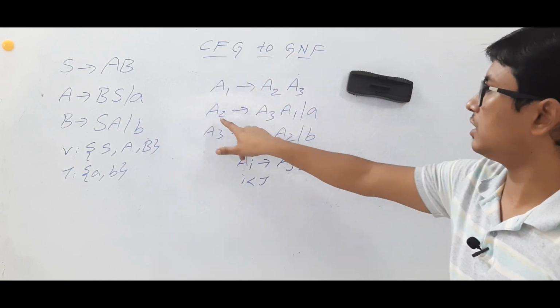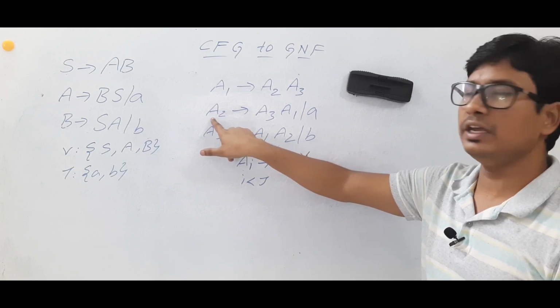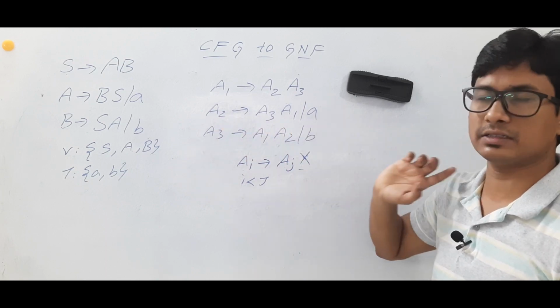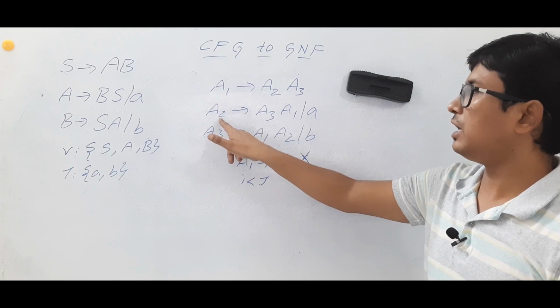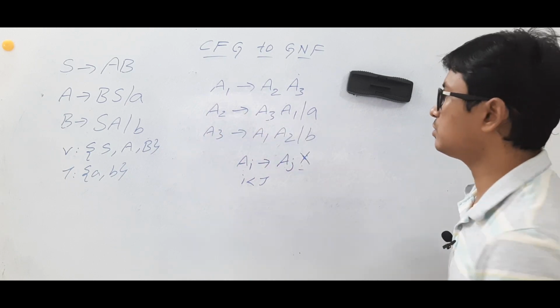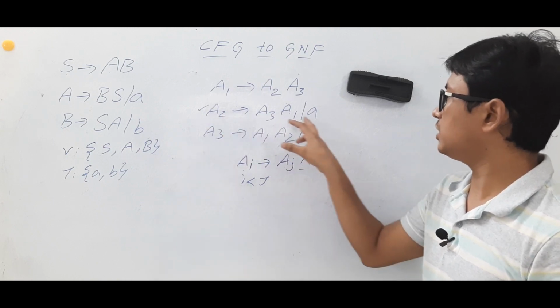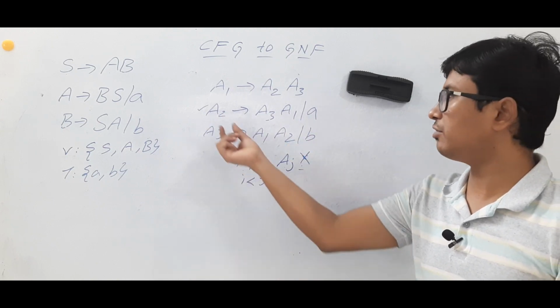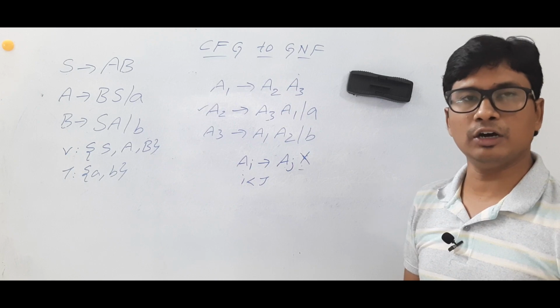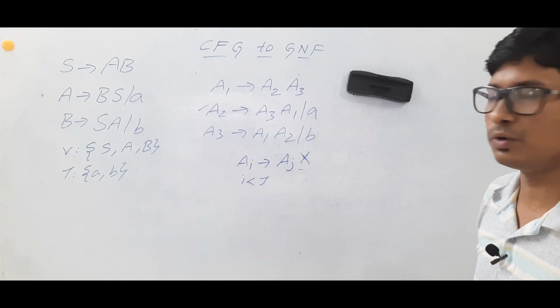Now this is also in the form of AI determines AJX, and the I value is less than the J value, so it is also a proper condition. Now if you take this one, A2 determines A, a variable can determine a terminal. It is in the GNF form, so we need not worry.